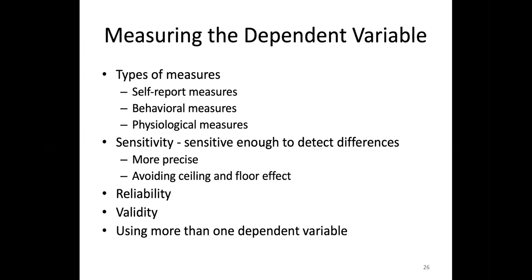You should choose measures that are sensitive, so you should be able to detect small differences in the performance of the participants. And you should try to avoid ceiling or floor effects. Ceiling effect means that everybody performs getting the maximum score, and floor effect is when the task is always so difficult that everybody is scoring really low.